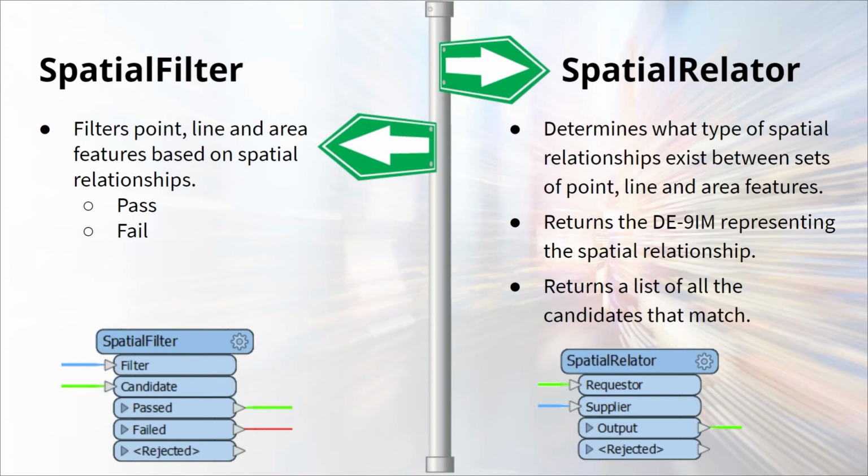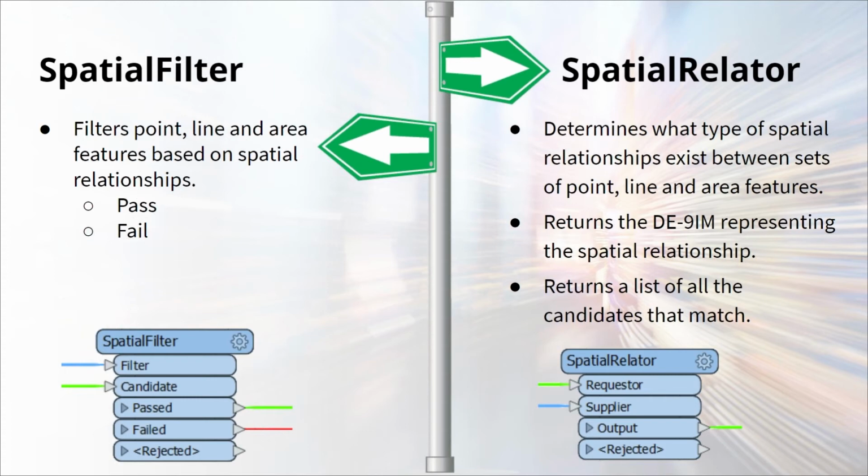The two transformers are using the same underlying technology. The SpatialFilter is a little easier. It's fairly similar in some ways to the PointOnAreaOverlayer and what Nampreet was illustrating there in the FeatureReader. The SpatialRelator goes quite a bit further.